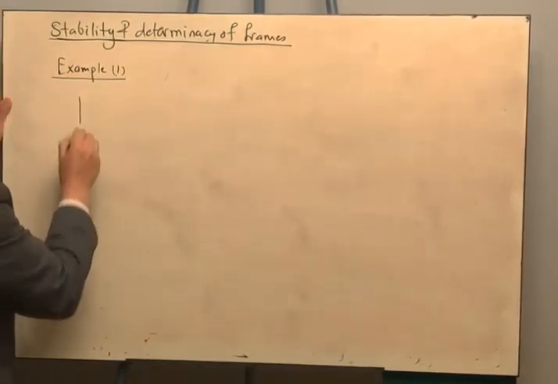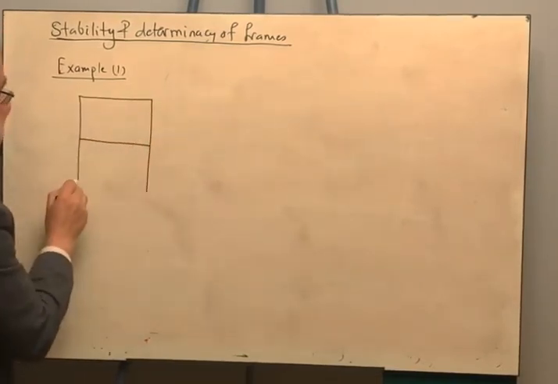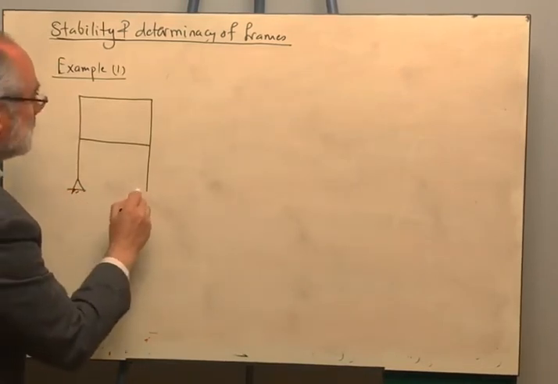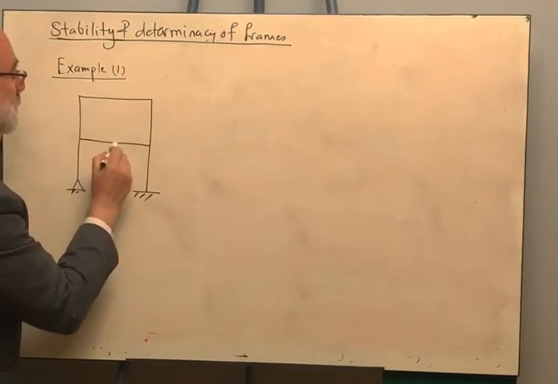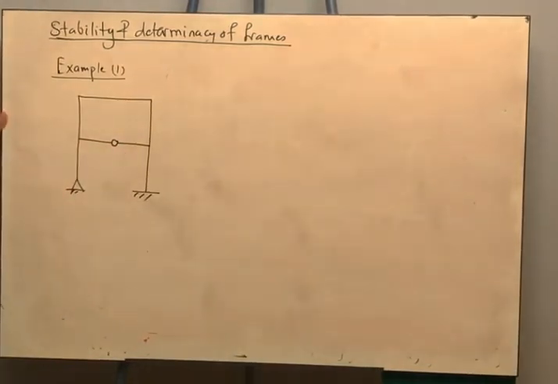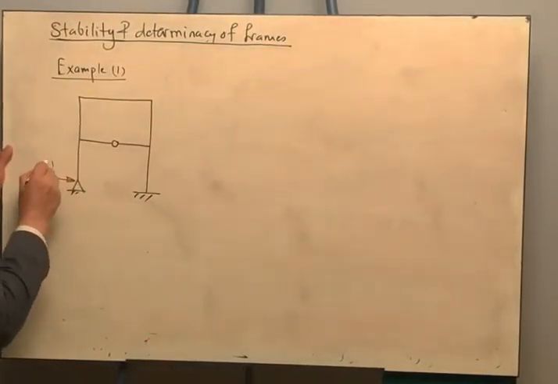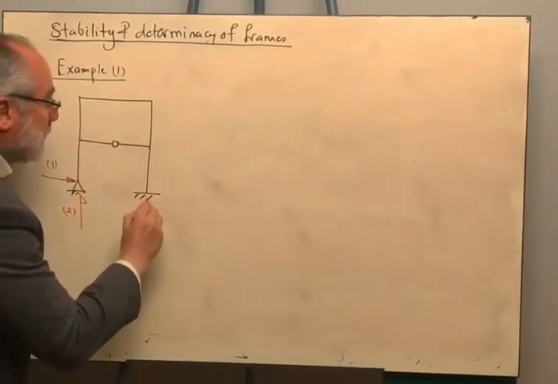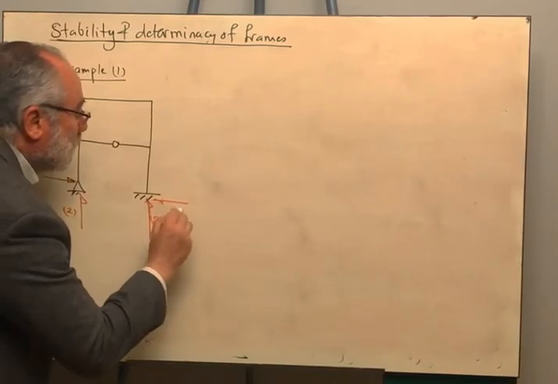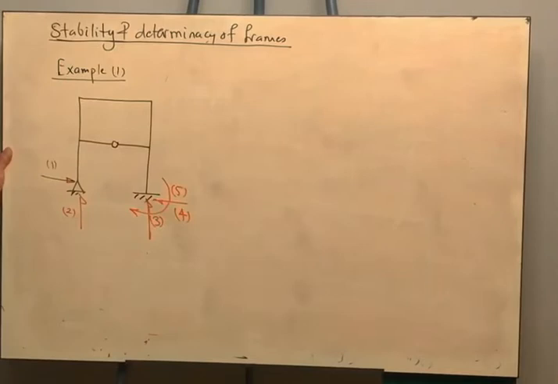Now I am having a frame like that. Very good. Let us see. How many support reactions do I have? I am having 1, 2, because this is a hinged support, 3, 4, and 5, because this is a fixed support.